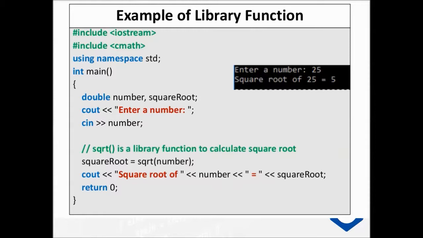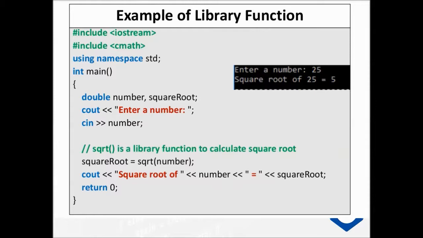An example of a library function or built-in function is as follows: int main, double number, square root. We declare two variables, number and square root, with the data type double. Then we want the user to enter the value of the number.